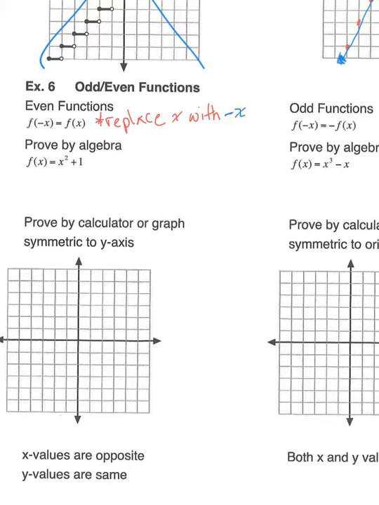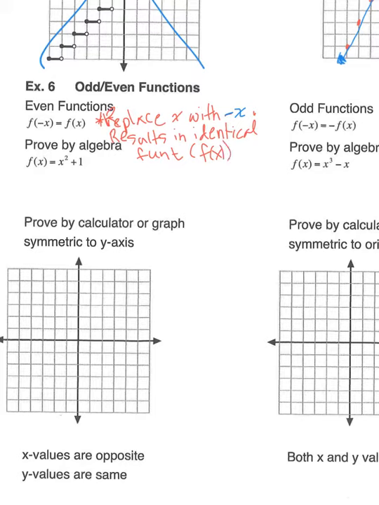Replacing x with negative x results in an identical function. In other words, you're going to get f of x. It didn't change. F of x didn't change.